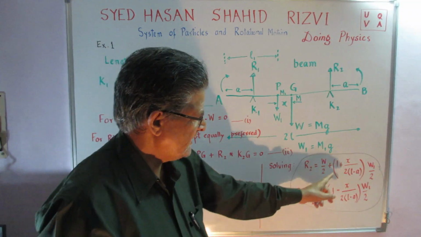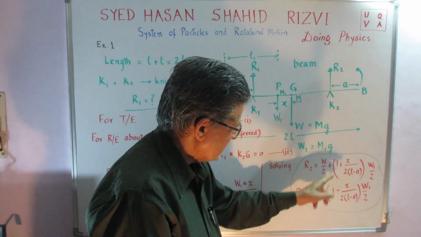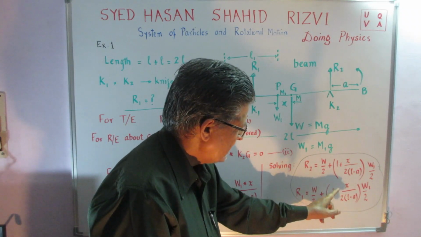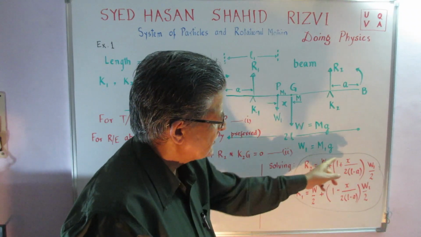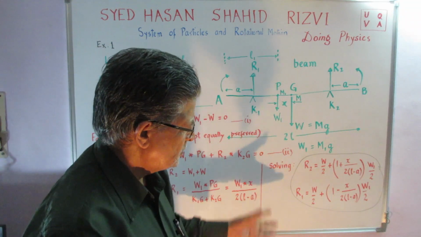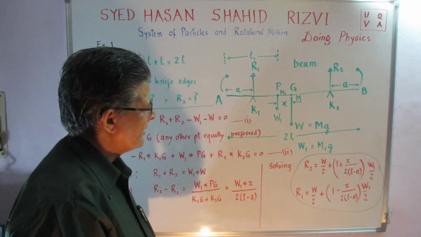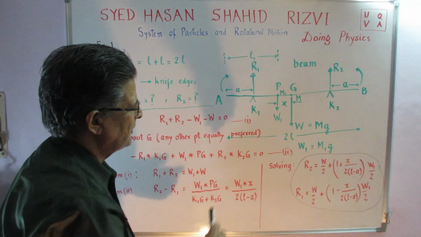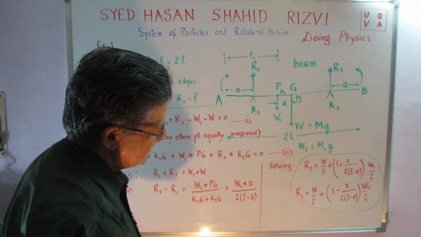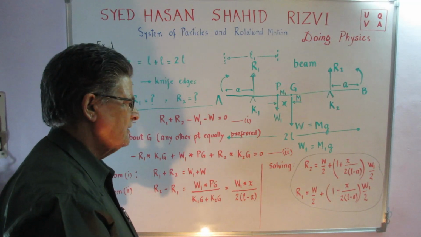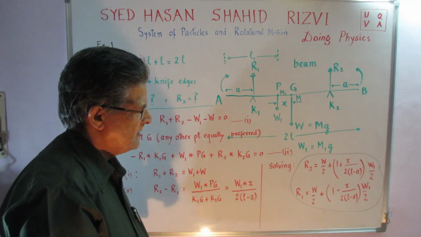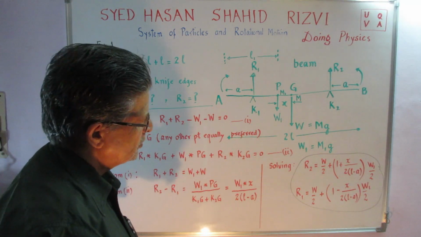The distinction is that in the same thing there is a negative sign in the case of R1 and there is a positive sign in the case of R2. So this is how we can calculate R1 and R2 for the given set of data that we have, and the solution will be easier for you to obtain.